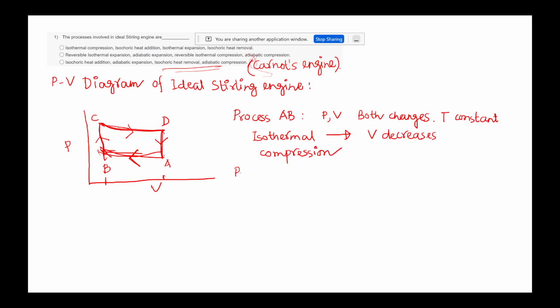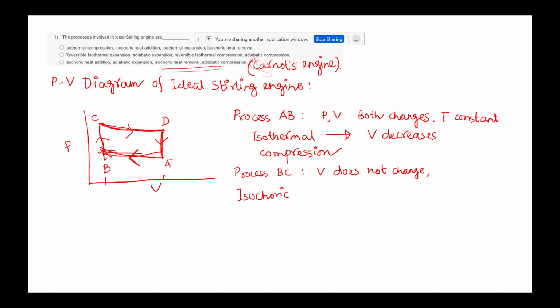Then the second process is BC. V does not change, so this is isochoric, right? But heat addition, how can you say that? Because of the temperature of this isotherm and the temperature of that isotherm.